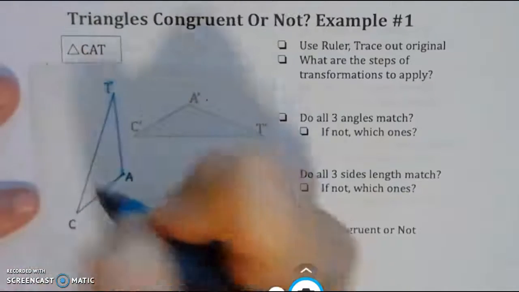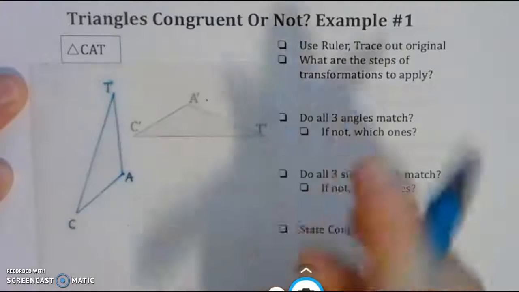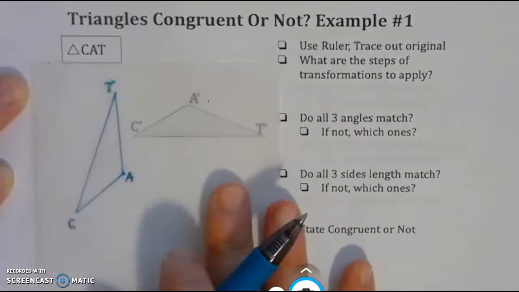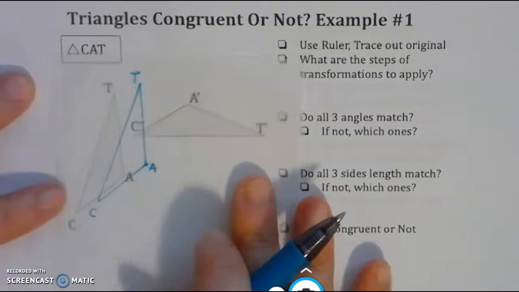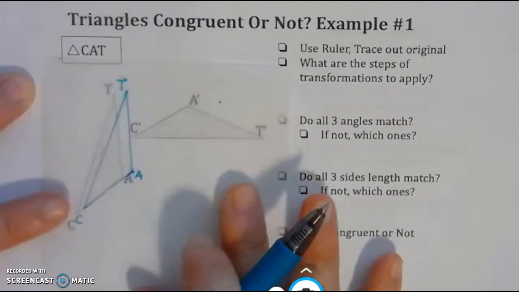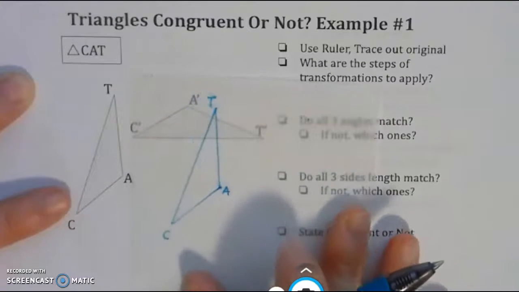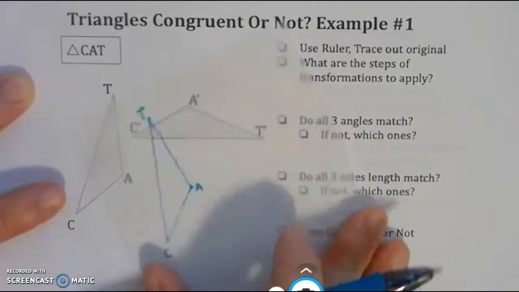So I have traced triangle CAT. I am trying to see, are the two triangles congruent? Well, if I just translated this to the right, it wouldn't work. So I need to do some rotation, don't I?